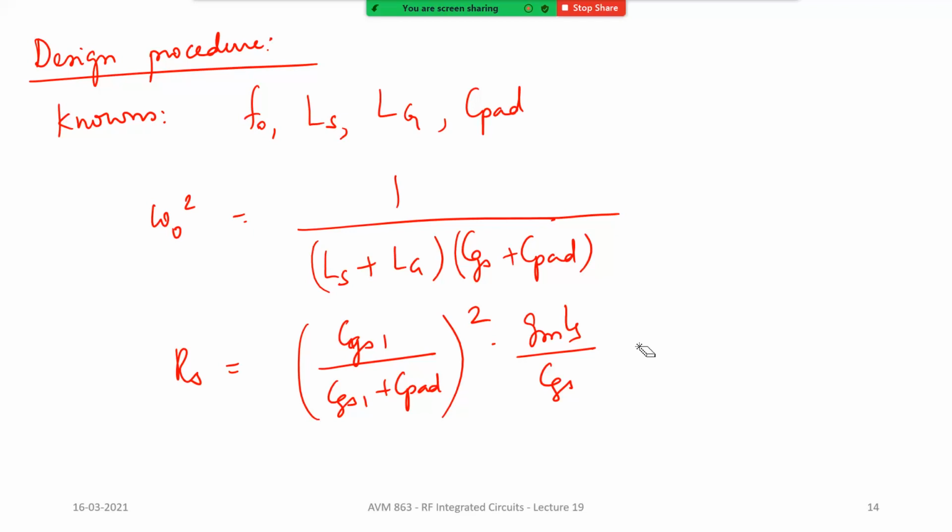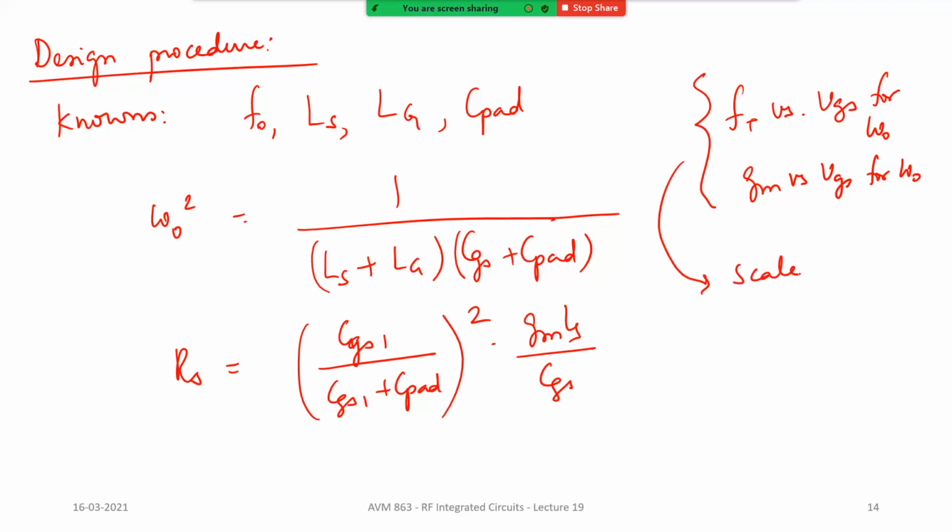So basically you can look at the plots for FT versus VGS for some arbitrary W naught and GM versus VGS for the same W naught, right? And scale W to get the FT and GM required.